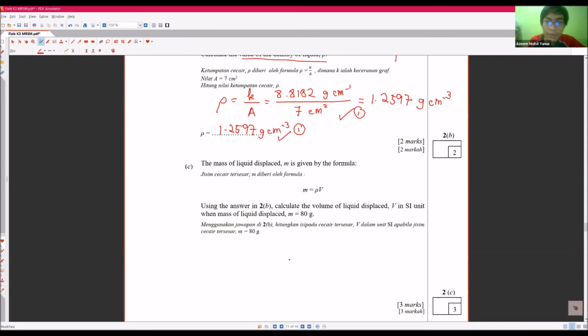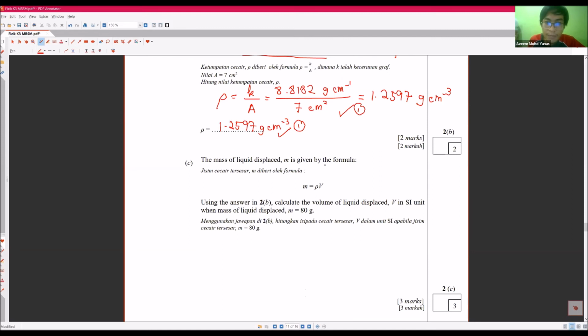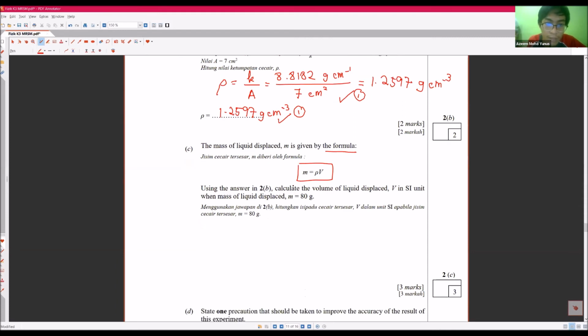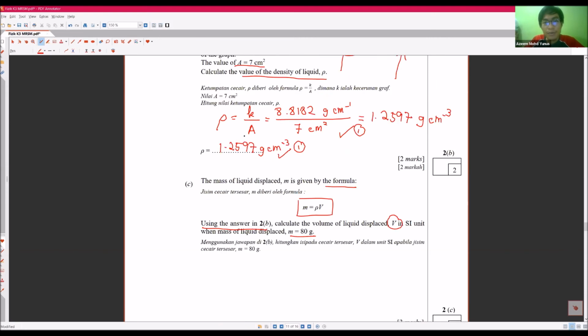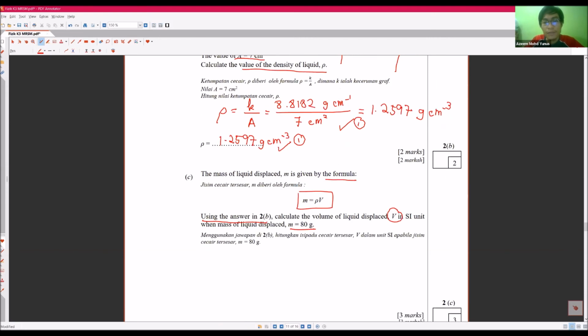Okay, so C. The mass of liquid is m, given by the formula. This is another formula, using the answer in 2B. So basically, we need to use the answer from before again, in SI units, when the mass of liquid displaced is 80 g. It asks us to calculate the V. Again, if your answer is wrong, it is only for the first mark.